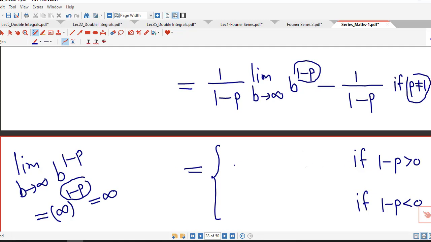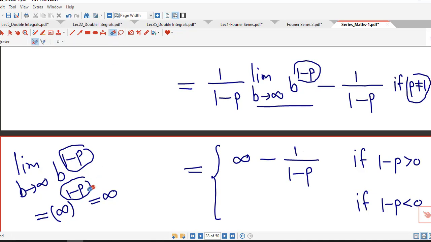Infinity times the positive number 1 over 1 minus p is infinity. So if 1 minus p is positive, the limit of b raised to 1 minus p as b tends to infinity is infinity.